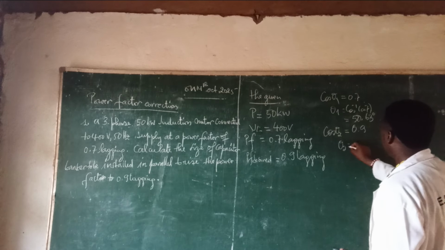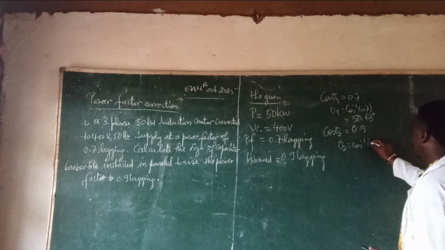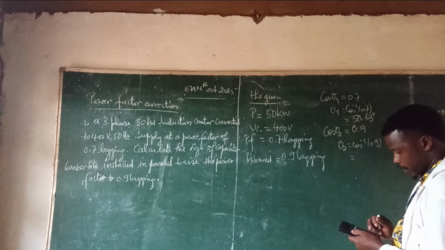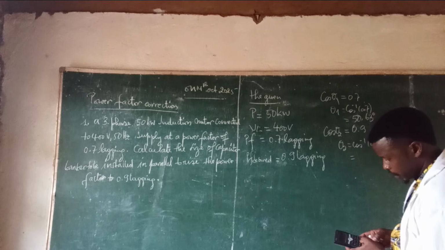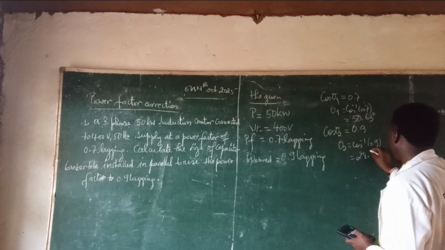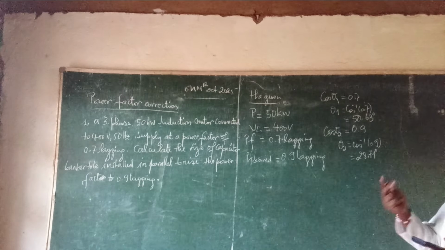Theta 2 is cosine inverse of 0.9, which is equal to 28.71 degrees.